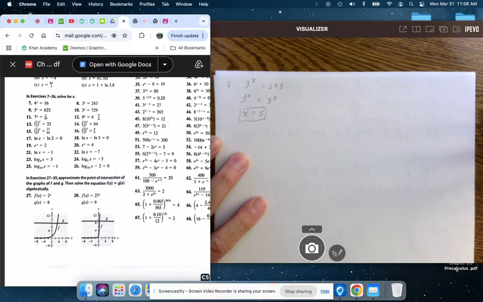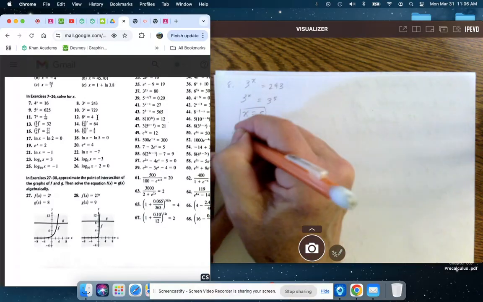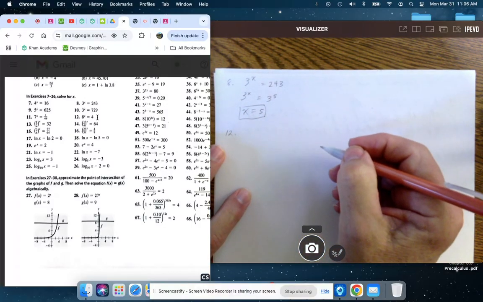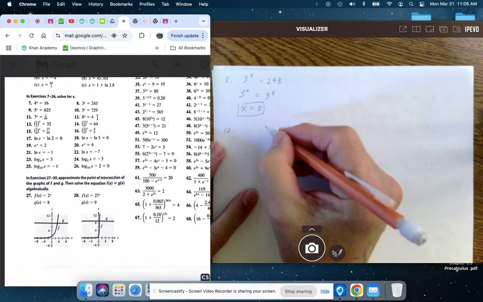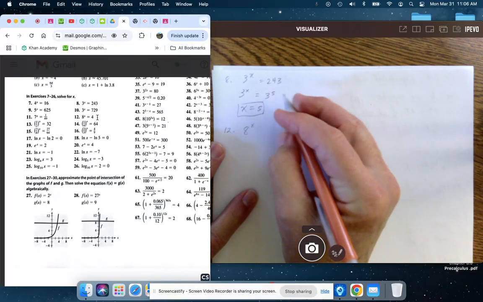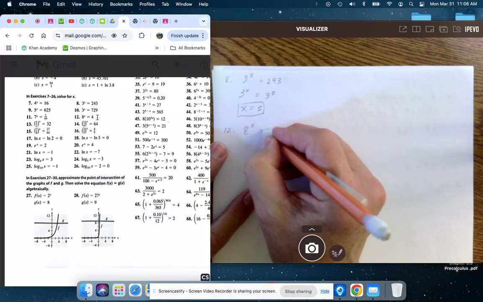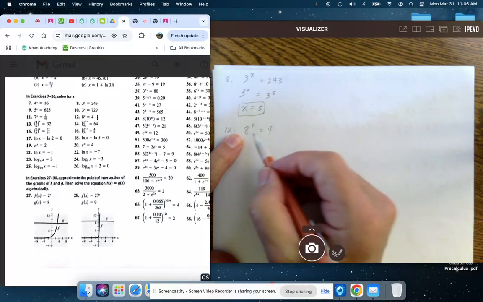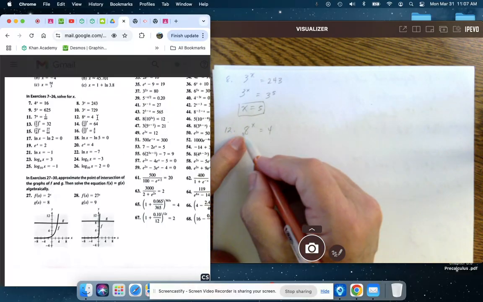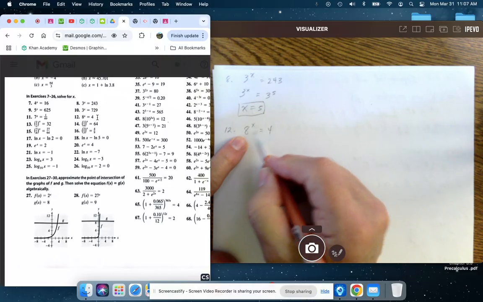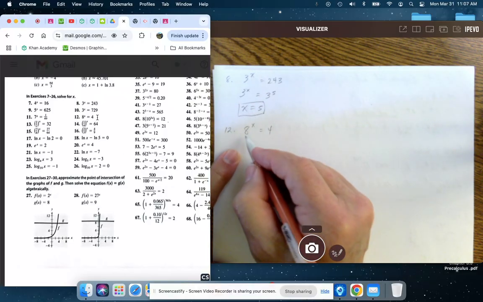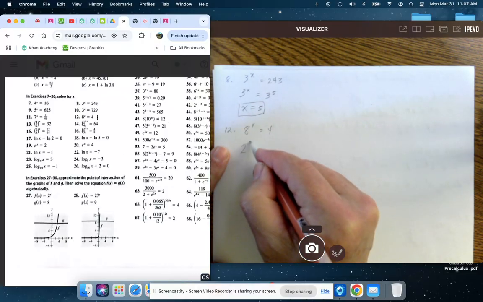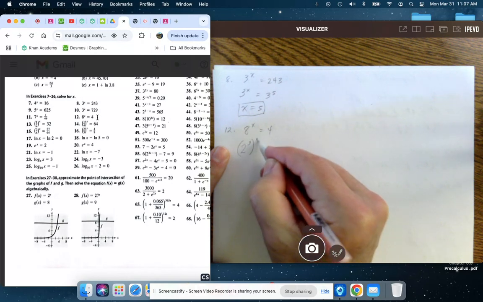Let's do 12, which is another exponential. 12 says 8 to the x power equals 4. All right, there's many ways to do these. First thing I recognize is 4 is a power of 2, 8 is a power of 2, so I can rewrite 8 as 2 cubed raised to the x.